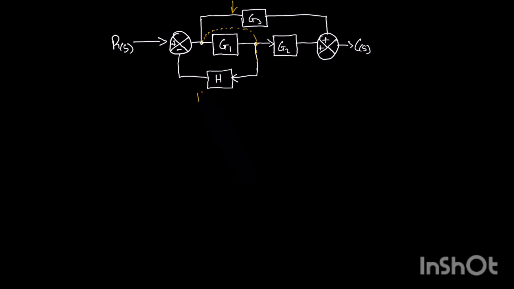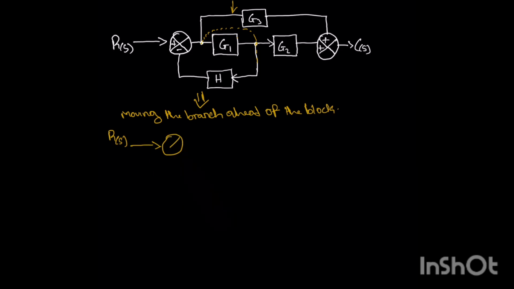Let me put it over here so that we can see it. So first of all, we say moving the branch point ahead of the block. We say R of x as the input, we have plus, minus.